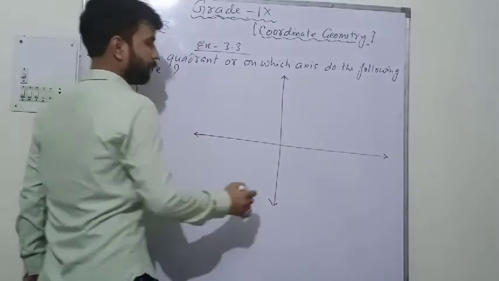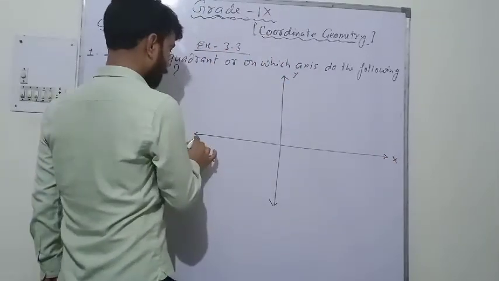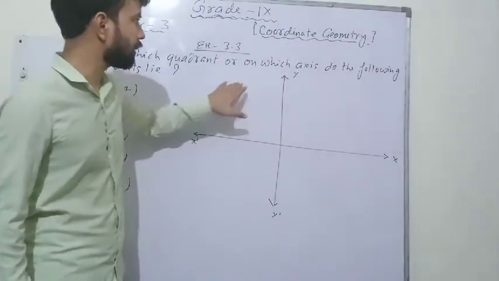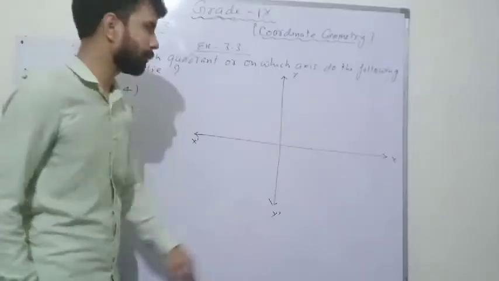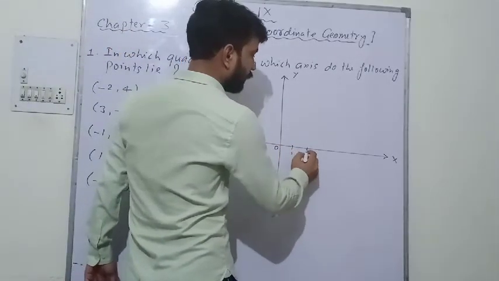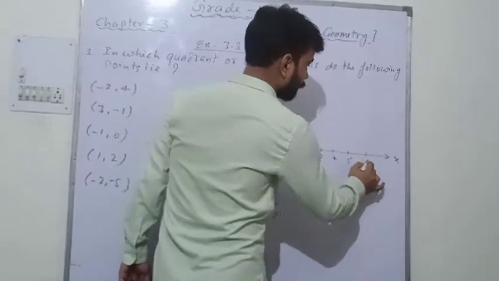draw the Cartesian plane. X-axis, Y-axis, X dash, Y dash. So you know that this is the first quadrant, this is second, this is third, and this is fourth. So here, this is the origin, 1, 2, 3, 4, 5, 6.